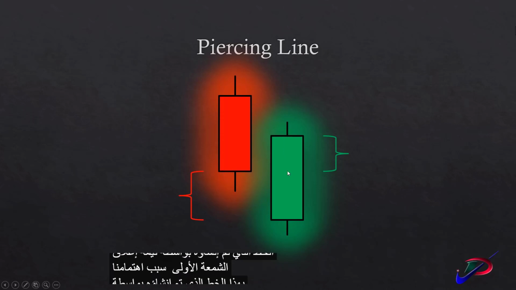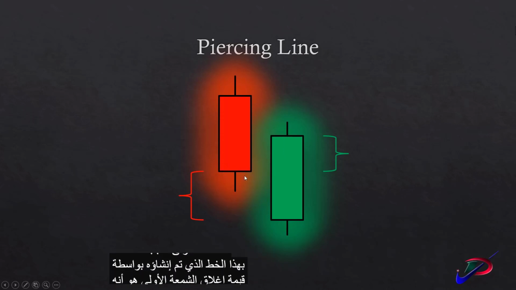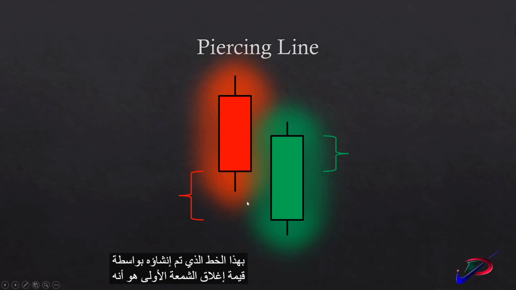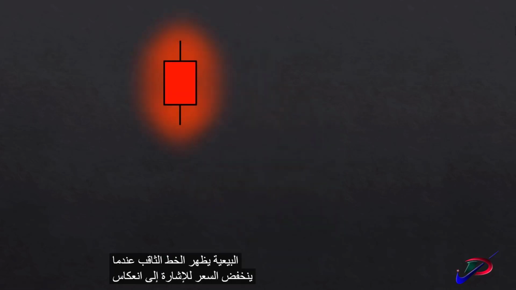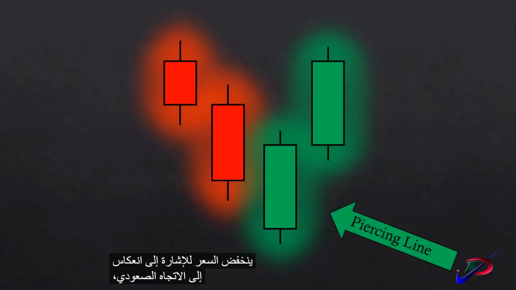The reason we care about this line is because it represents the price where sellers won the battle in the first candle, so it's an important level. When buyers are able to close the gap and pierce or violate that line, we have an indication that buying power is greater than selling power. The piercing line appears when the price is going down in order to signal a reversal to the upside.